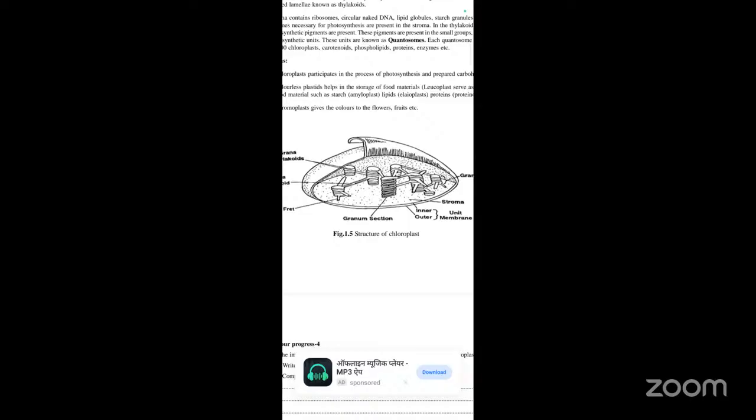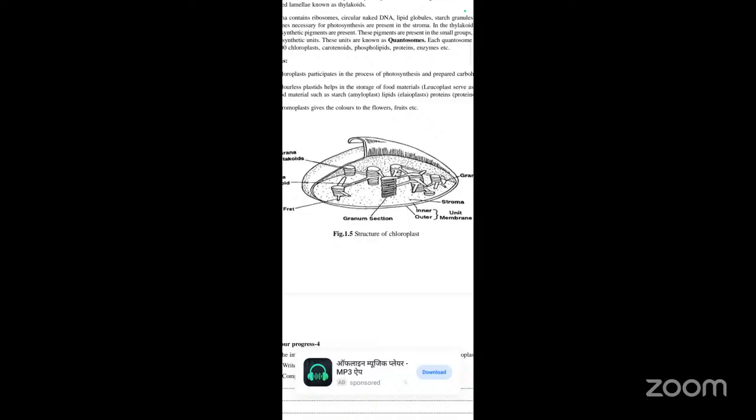The stroma mainly consists of proteins and different types of granules. The membranes inside the chloroplast form a system of thin sacs, also called lamella. In some regions, several sacs or lamella are stacked on top of each other to form grana.